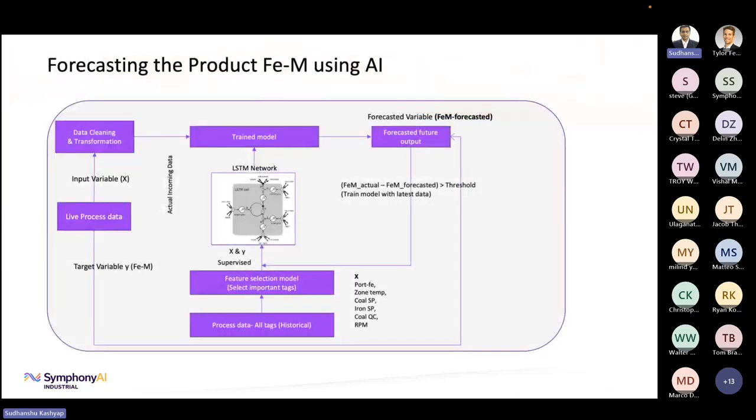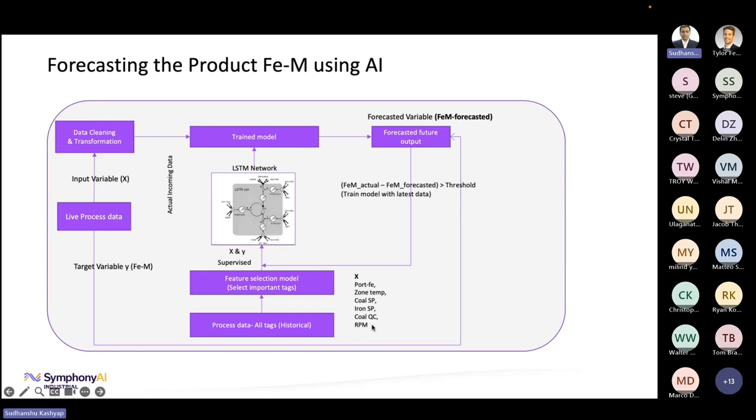The architecture of the model is a long short-term memory network, LSTM, which is trained on the historical data, for example many measurements, temperatures, that we had from the plant.